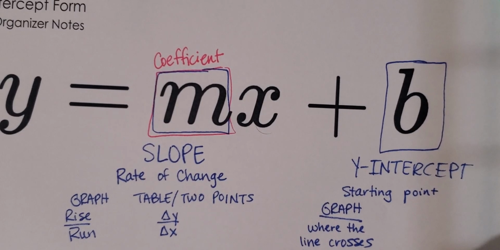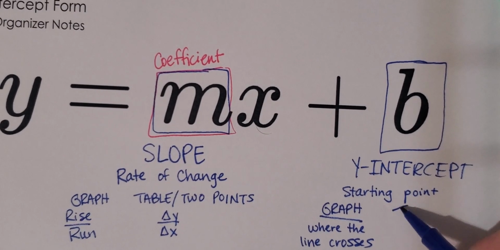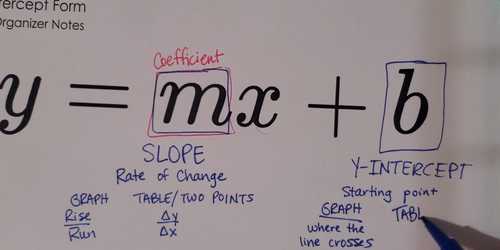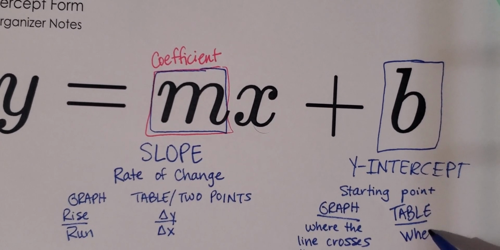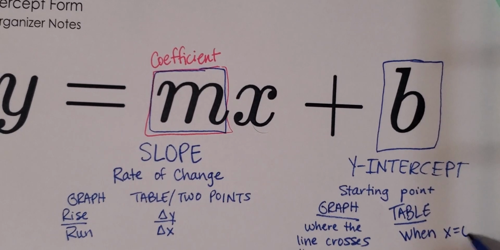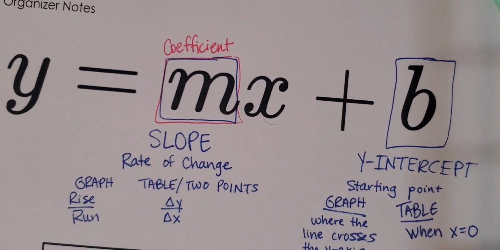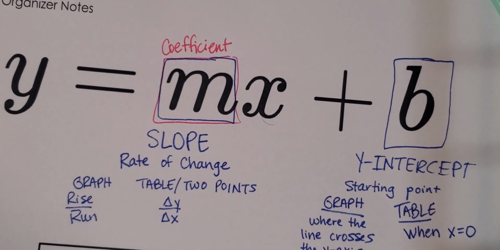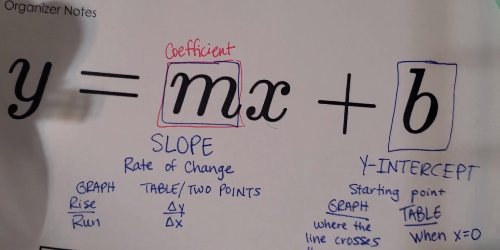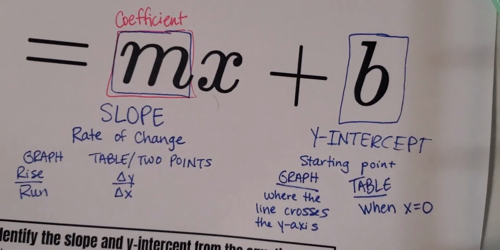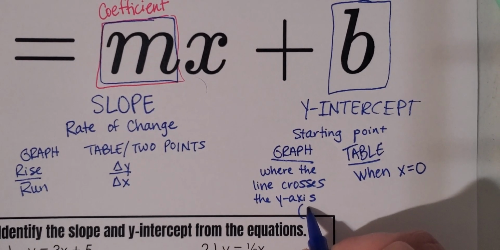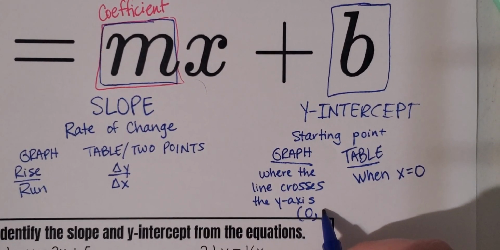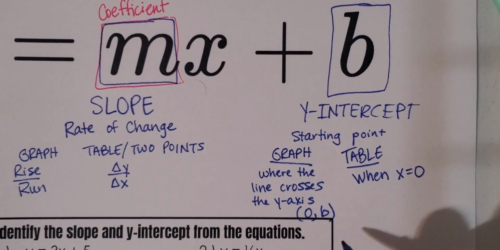And in a table, it is always when x equals 0. So also in that graph, whenever we're talking about crossing over that y-axis, that coordinate value is always 0, comma, and it's always this b value.